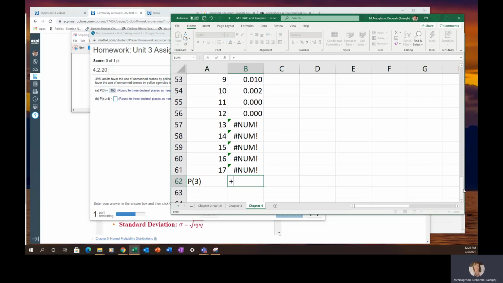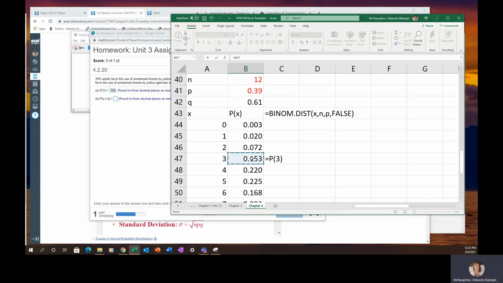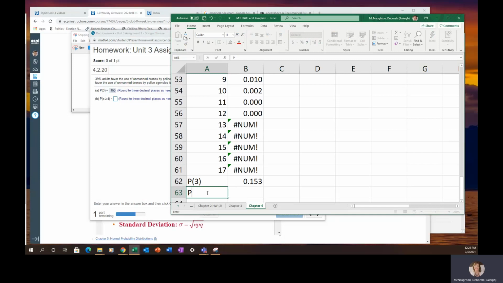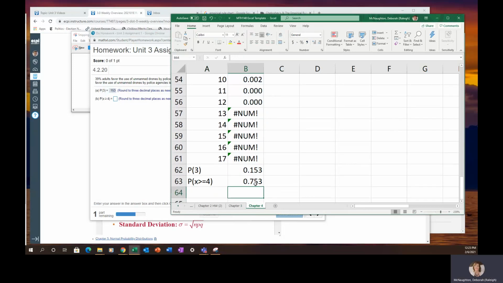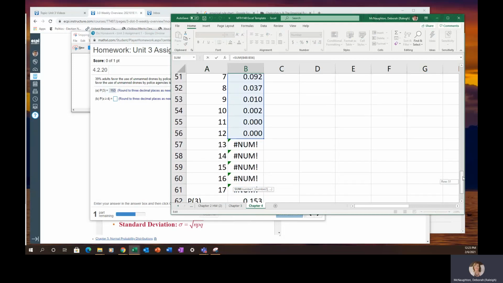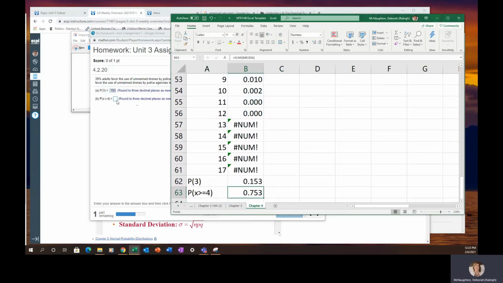So that means that x can be 4, 5, 6, 7, 8, 9, 10, 11, or 12. So it's going to be equals sum, and I'm going to add up from 4 to 12. 4 is included. So I'm just summing from 4 to 12, all my probabilities. And that one is 0.753.